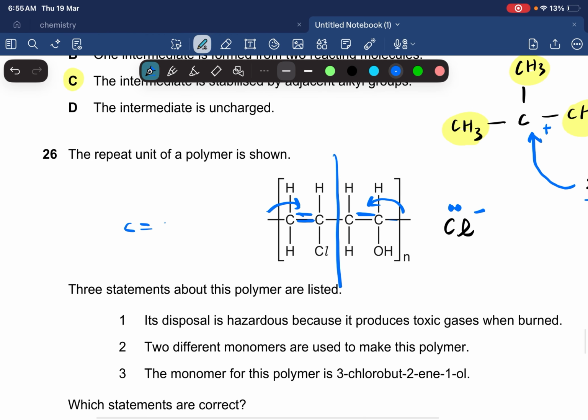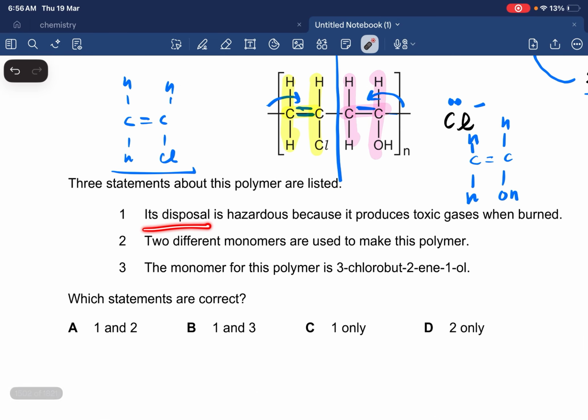The first monomer is this one, H, H, Cl. That's the first monomer. You can see it over here. And the second monomer, I think, is this one, which looks something like carbon double bonded carbon, H, H, H, and OH.